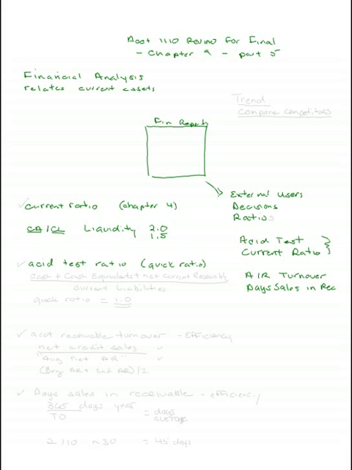What it wants you to do is take cash plus cash equivalents, those things that convert to cash within 90 days, plus any net current receivables, notes or accounts receivable, and divide that by current liabilities.